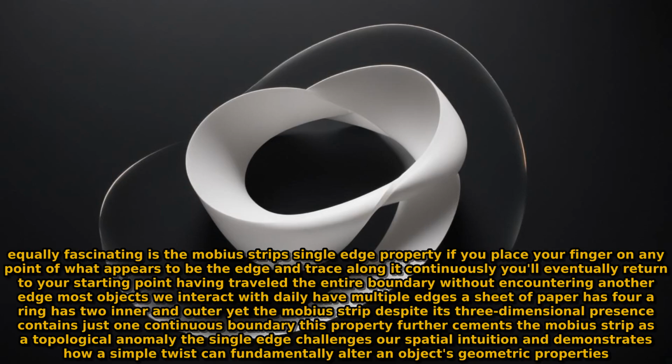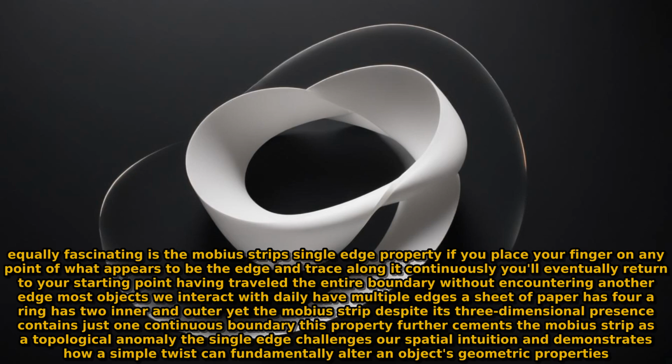Equally fascinating is the Möbius strip's single-edge property. If you place your finger on any point of what appears to be the edge, and trace along it continuously, you'll eventually return to your starting point, having traveled the entire boundary without encountering another edge. Most objects we interact with daily have multiple edges. A sheet of paper has 4, a ring has 2, inner and outer.